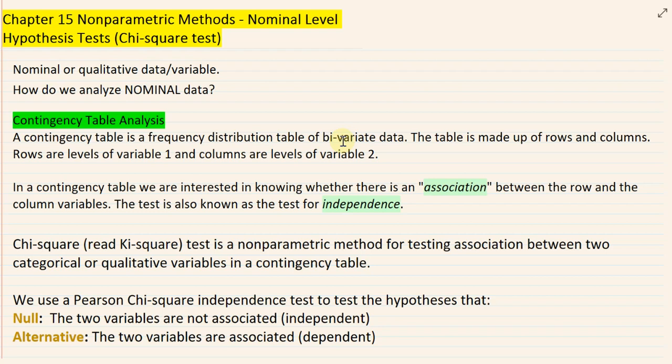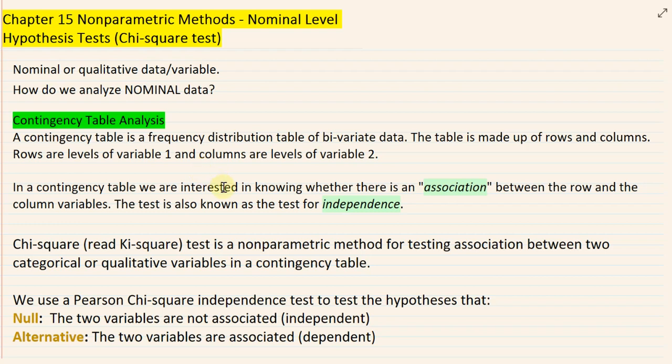The row variable is the first variable, and the column variable makes up the second nominal variable. Each row makes up levels of variable 1, and each column makes up levels of variable 2. We'll see two examples in a few moments, and that will clarify this for us.